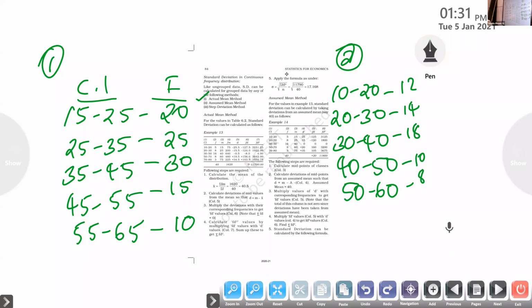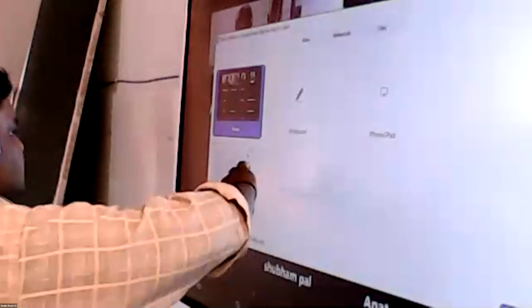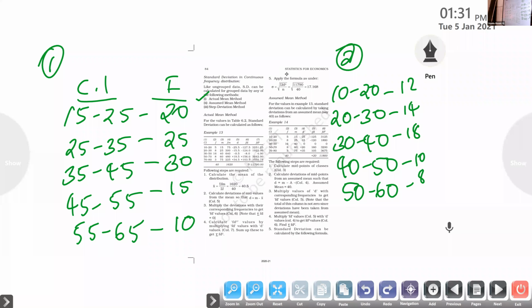I want to finish one more method today. So everyone, complete that task as homework along with these two homeworks. Just note down the questions first. First homework, class interval 15-25, frequency 20; 25-35, frequency 25; 35-45, frequency 30; 45-55, frequency 15; 55-65, frequency 10.